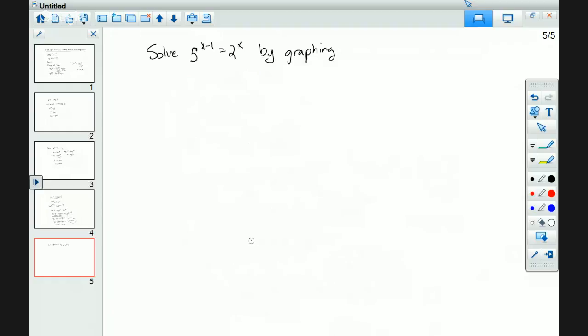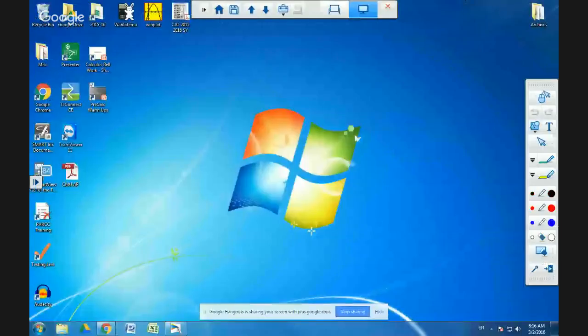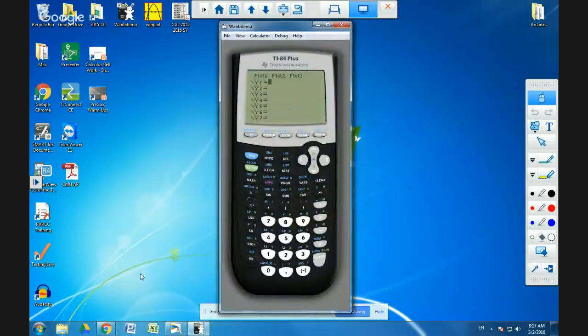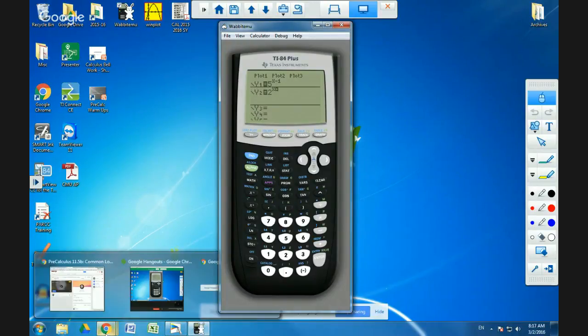So we graph both equations and find their intersection. Okay, so 5 to the x, is it plus 1 or minus 1? Be quiet, I don't trust you. And 2 to the power of x minus 3. Shut up. That one I know is right.